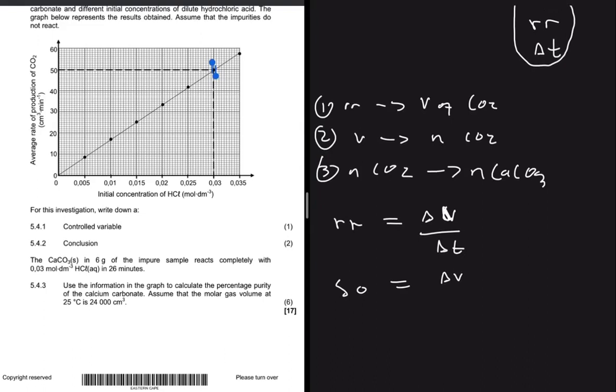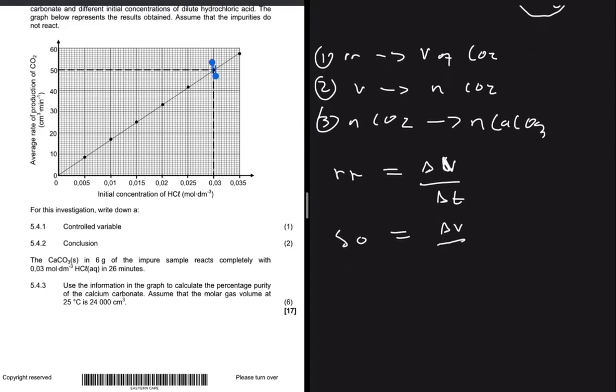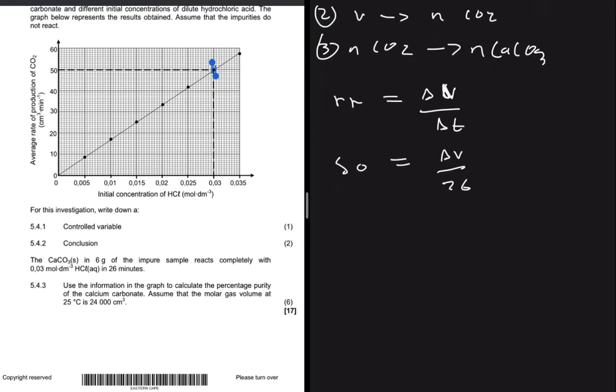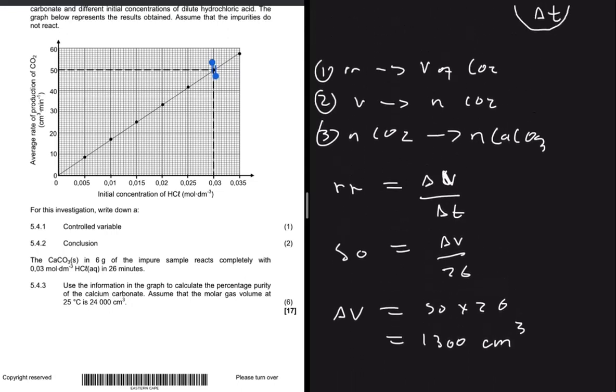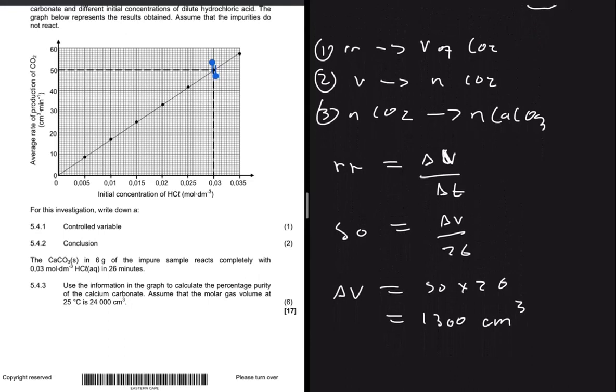We are told that it takes 26 minutes, so we're going to have 26 here. And then if we cross multiply, the volume equals 50 multiplied by 26, that is 1,300 centimeter cube. So now we have determined the volume of CO2, like we said.